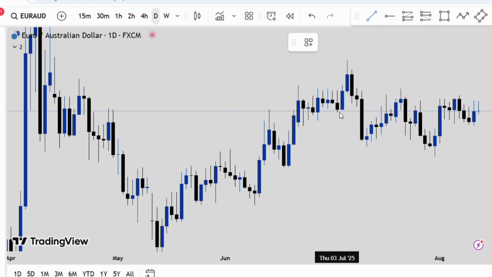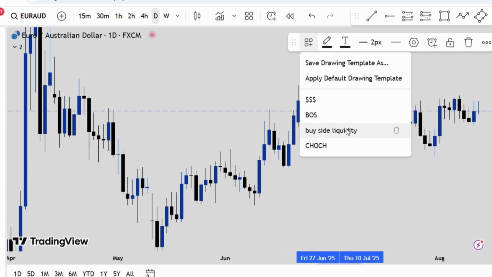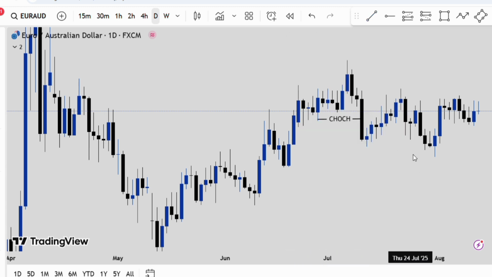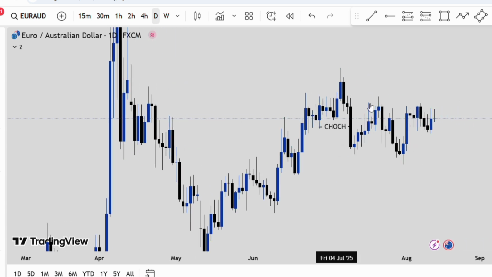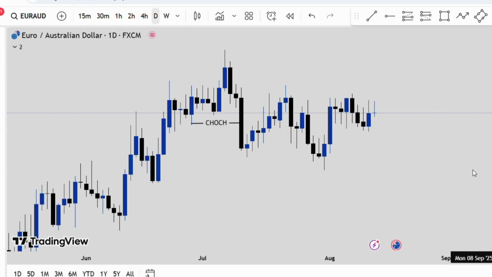This is our change of character to the downside gotten from our daily time frame. Price has already mitigated the order block, so not much information, because the last time we checked, price already took out the liquidity and the fair value gap residing below here.